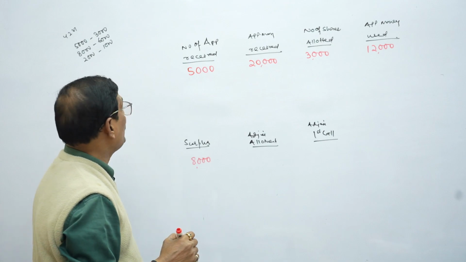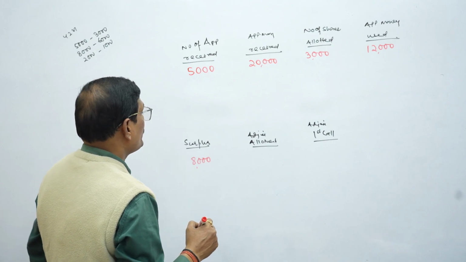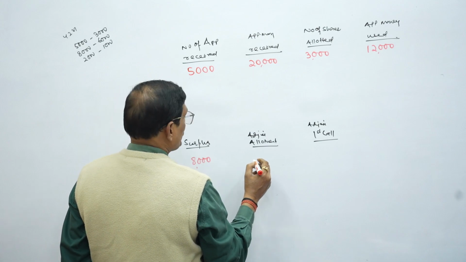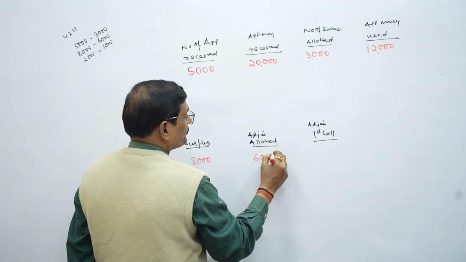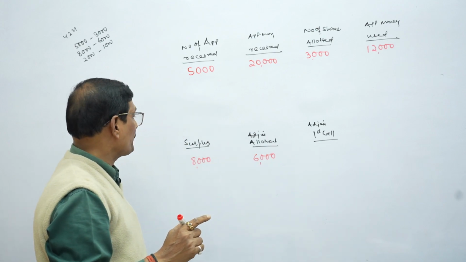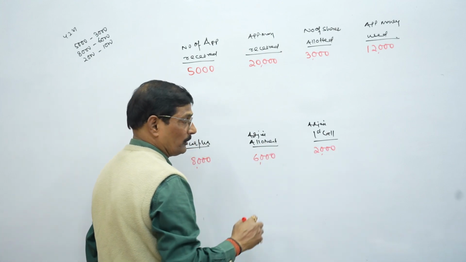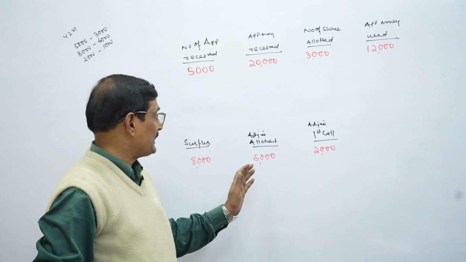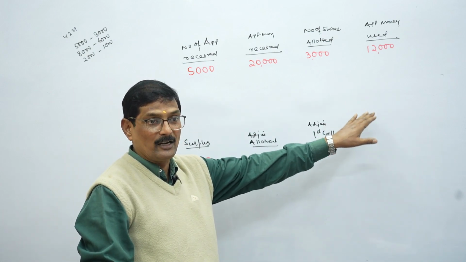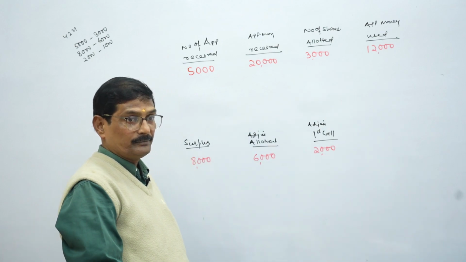At the time of allotment, our requirement will be 3,000 into 2, 6,000 rupees. Still there is a surplus of 2,000 that will be adjusted towards first call. Had there been excess money, it would have been transferred to second call and that refund.